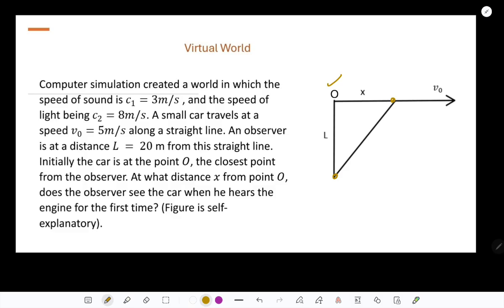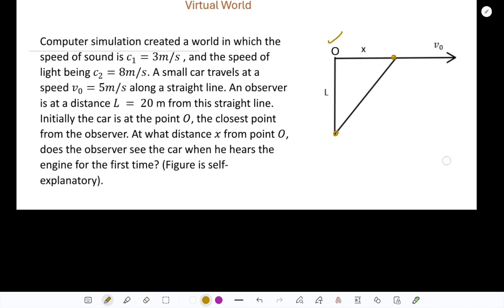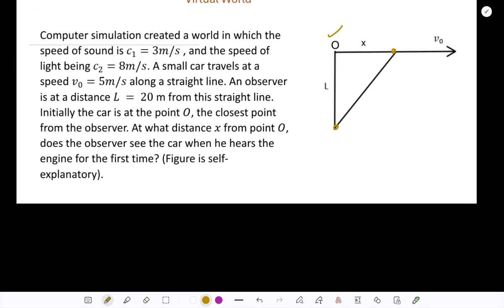So the car travels this distance in time x by v0, because the speed of the car is v0. So this distance is x, this time is x upon v0: distance traveled by velocity is the time.